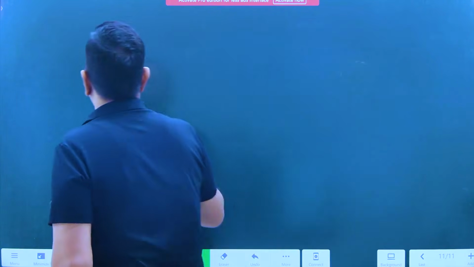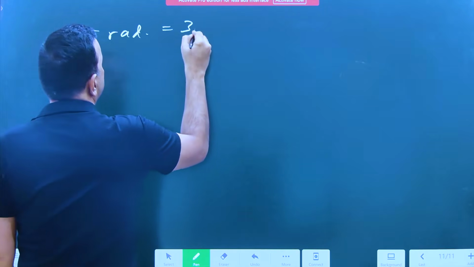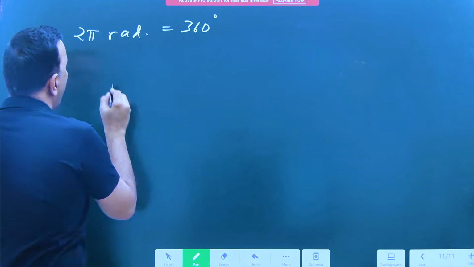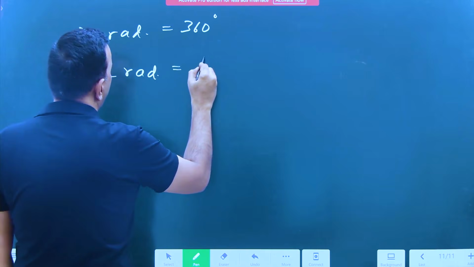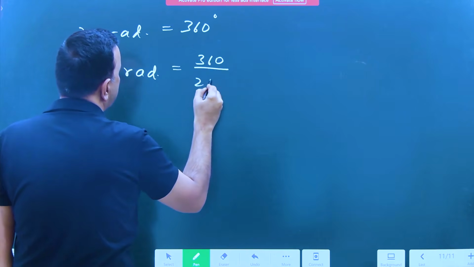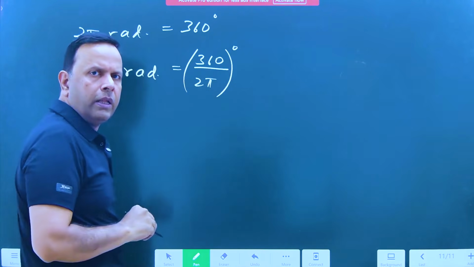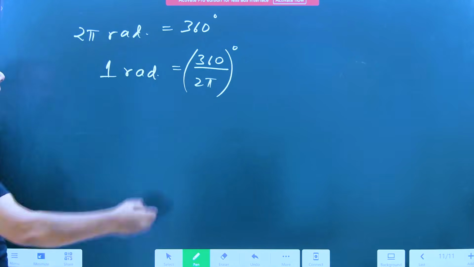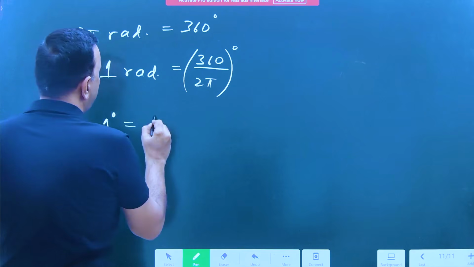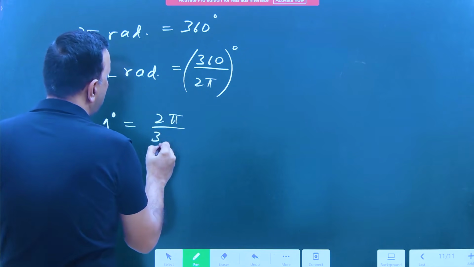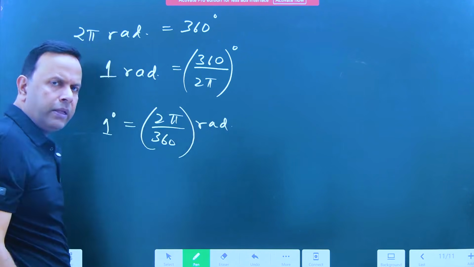So, if 2 pi radians is 360 degrees, can I say 1 radian is equal to 360 upon 2 pi degrees? And similarly, I can say 1 degree is equal to 2 pi by 360 radians.